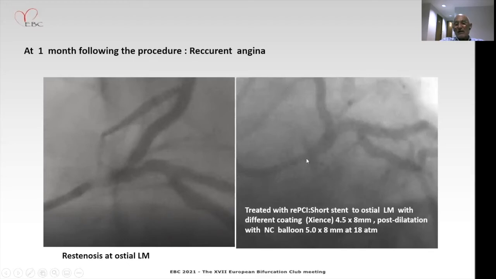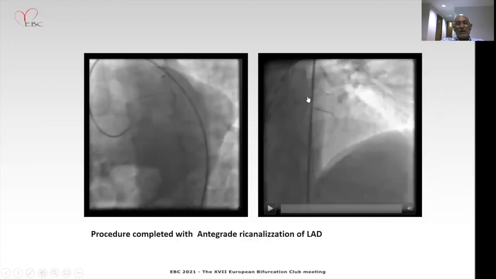So this was treated with stenting on ostial left main with a short stent, 4.5 by 8 millimeters, deployed at 16 atmosphere, and post-expanded with a non-compliant balloon 5.0 at 18 atmosphere.